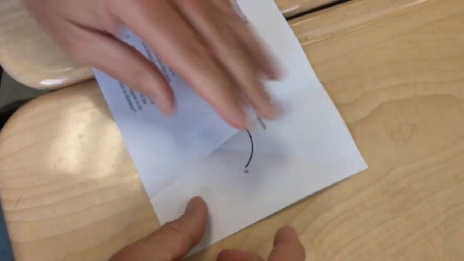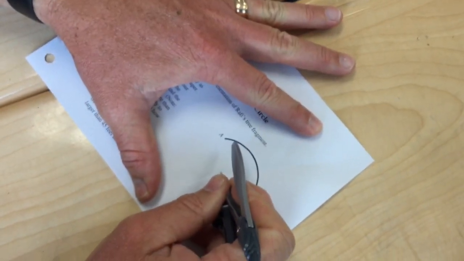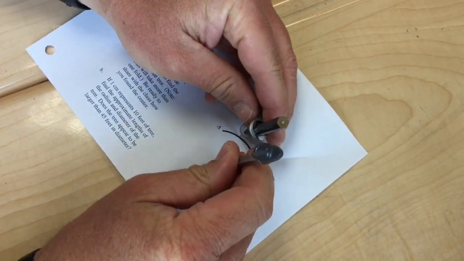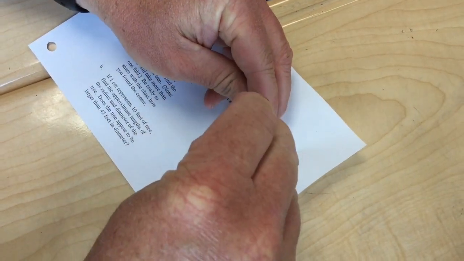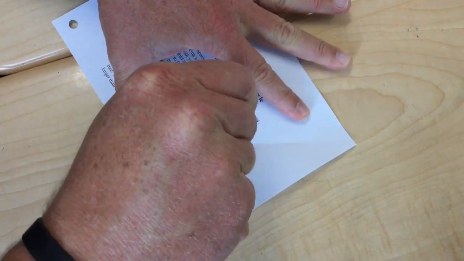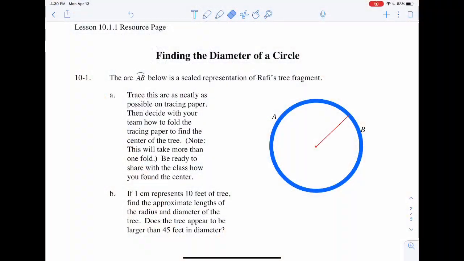And where those two points intersect is the center, and that is the radius. So now I can go like this. So here we have a completed circle and we've drawn a radius. If you haven't done so yourself, hit pause and complete the circle and draw your own radius.